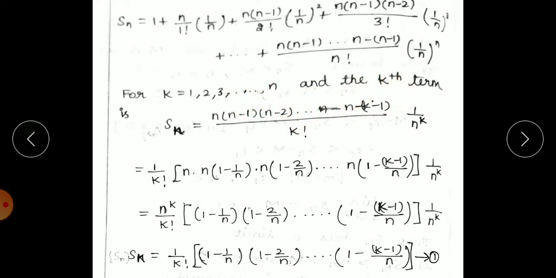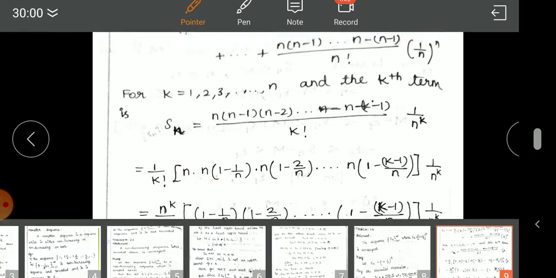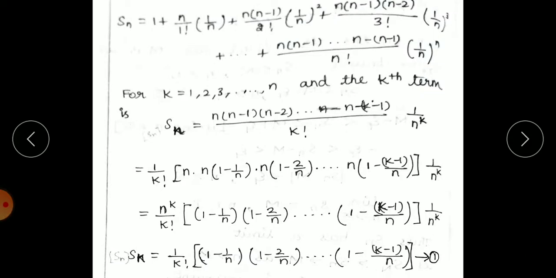So take n power k divided by k factorial outside, and 1 minus 1 by n, then 1 minus 2 by n, and so on; the n power k can be taken out, so 1 minus k minus 1 by n into the same term 1 by n power k. Now Sk can be written as 1 by n power k into this n power k, and n power k should be cancelled. So the remaining term, take this as the first equation.